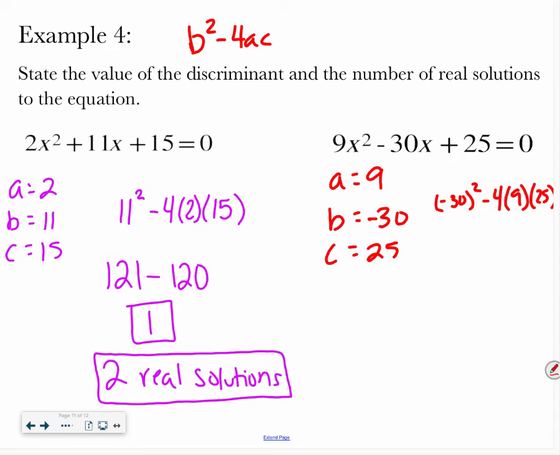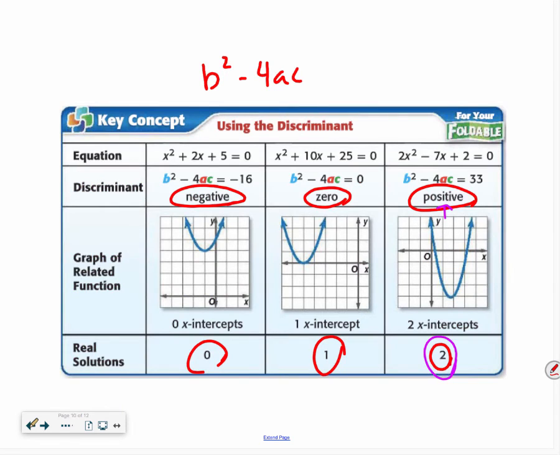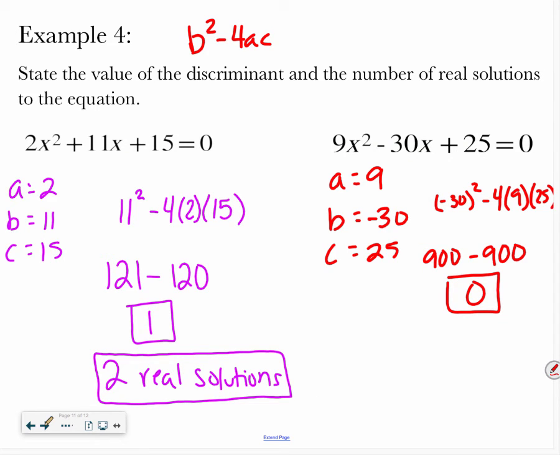So negative 30 squared is a positive 900 minus, and then 4 times 25 is 100. 100 times 9 is 900. So 900 minus 900 is 0. So my discriminant is 0. And when your discriminant is 0, that means there is 1 solution. So 1 real solution.